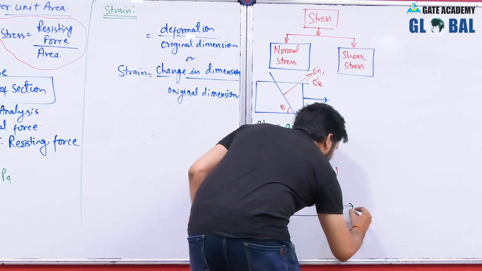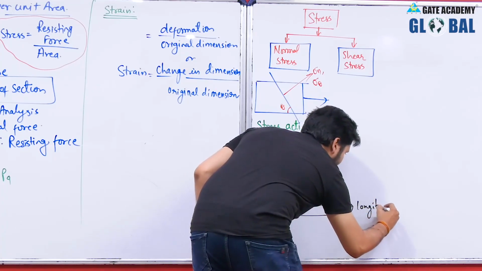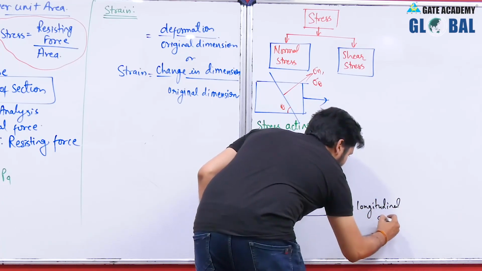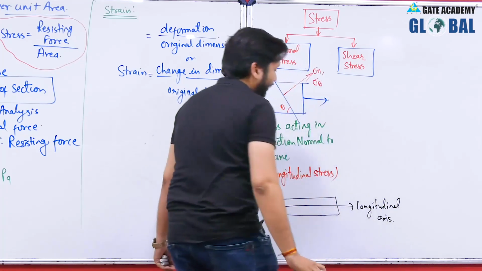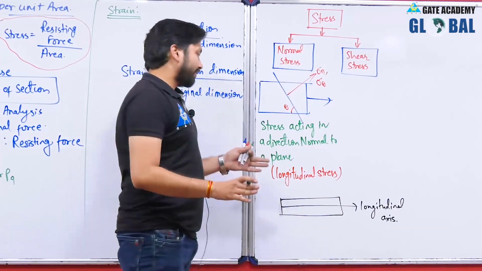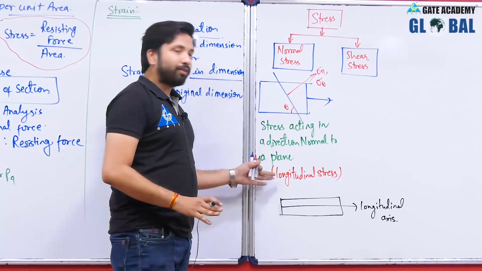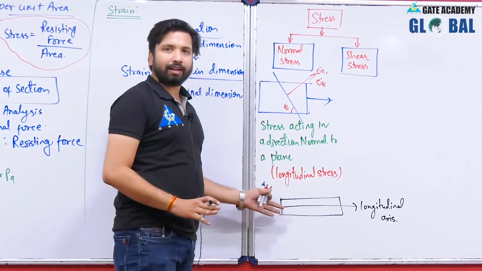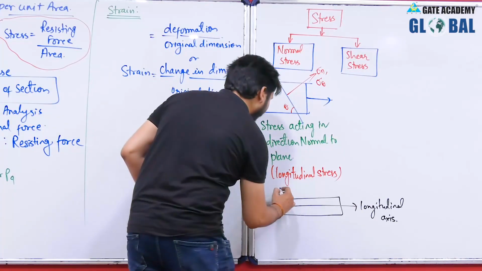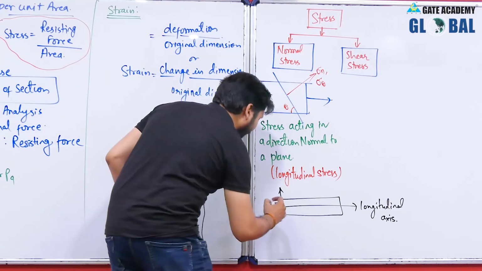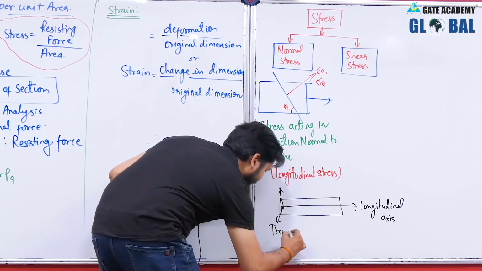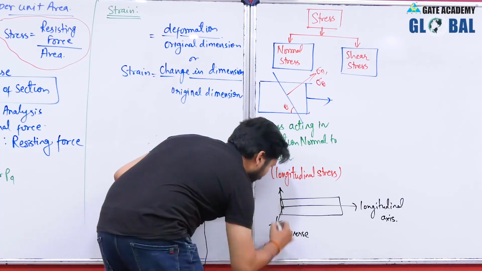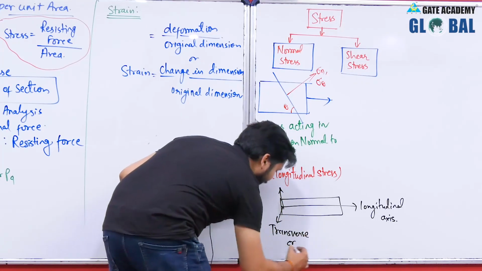So this will be the longitudinal axis. Okay, and after that there will be two more axes, and they will be perpendicular to the longitudinal axis. So there will be basically 3 mutually perpendicular axes. So remaining 2 axes will be known as the transverse or lateral axis.